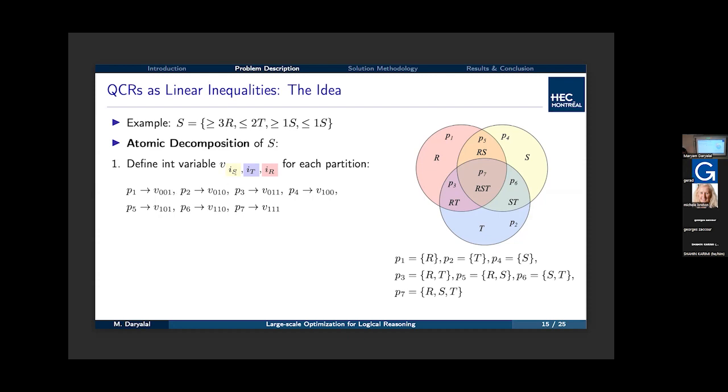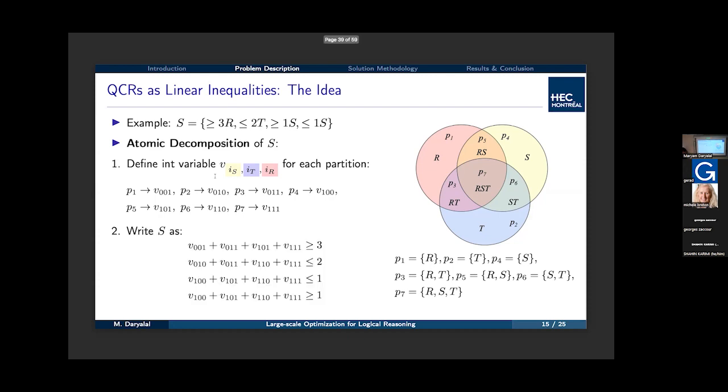So every one of these ISITIRs represents the presence of this role in that particular partition, that particular subset. So now I have this decision variable, and magically this S is reduced to a bunch of inequalities.